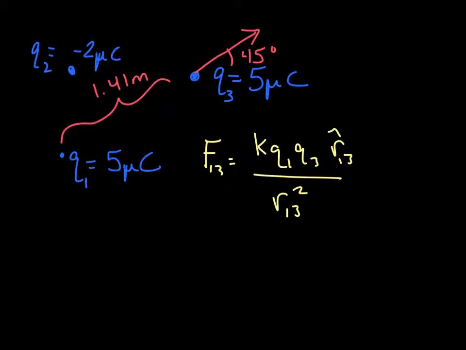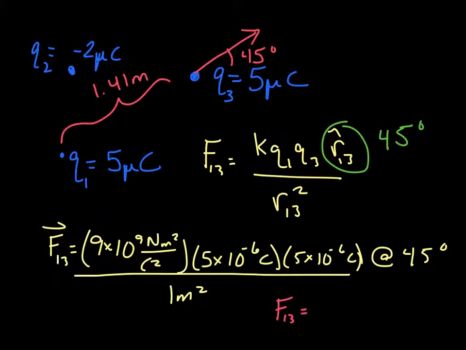Now this R13 hat in this case is at 45 degrees. So when you plug these numbers in, I'll go ahead and do that real quick. We plug in these numbers, Q1, Q3, this angle right here at 45 degrees, and you get your total force is equal to 0.225 newtons at 45 degrees.